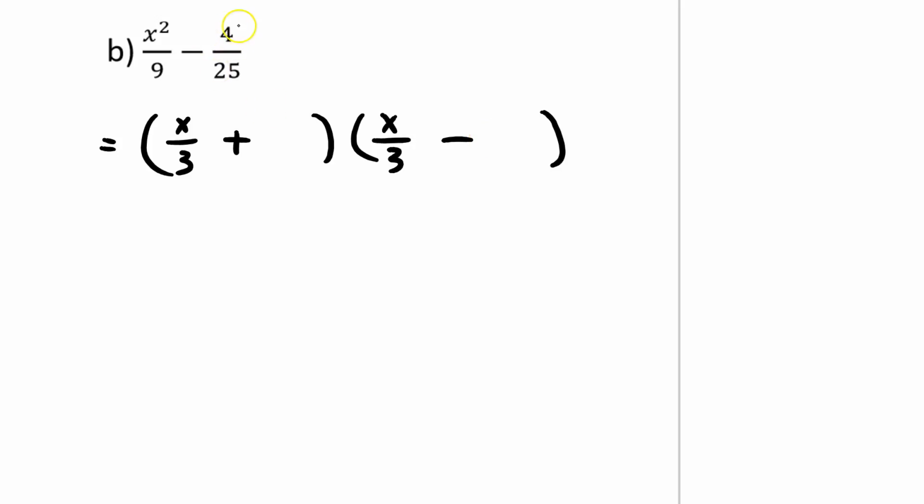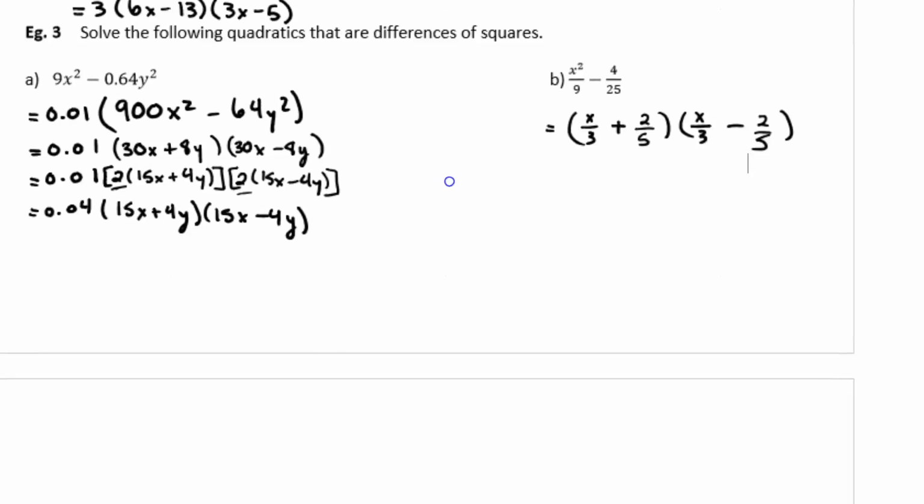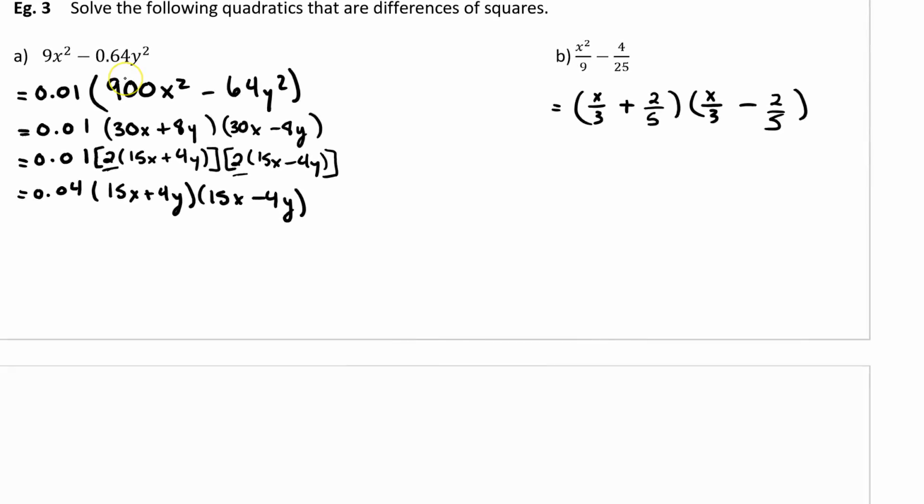And then the square root of 4 over 25 is 2 over 5. And we're done. So very similar question, but because we don't love decimals in a factored form as our factors, there's a little bit more work, but this one's pretty easy.